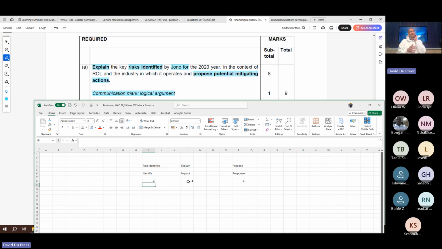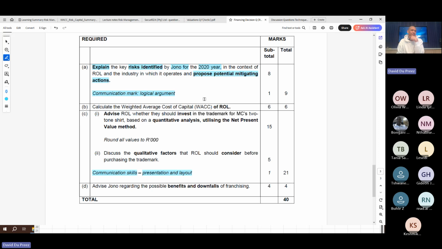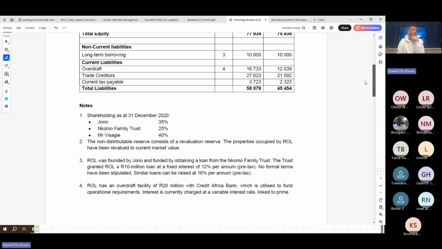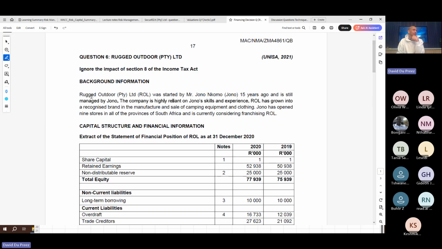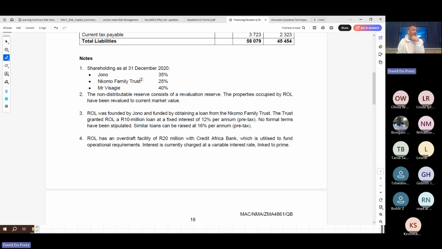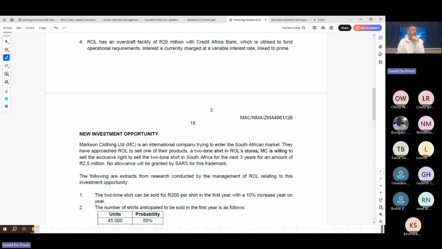See what I've done there: I've established a framework for myself to answer the question. Number two, I know what to expect when I go into the scenario, because I'm expecting them to show me where these risks have been identified by Jono for the 2020 year. So if I go to the scenario, they give the background, then the capital structure in the information, then the notes to that, given the overdraft.